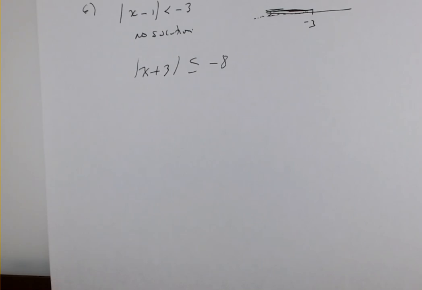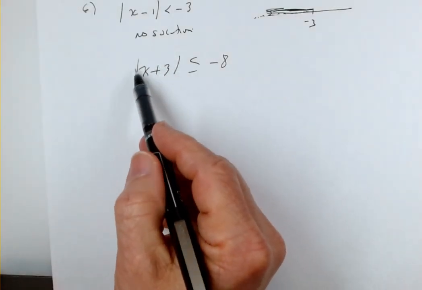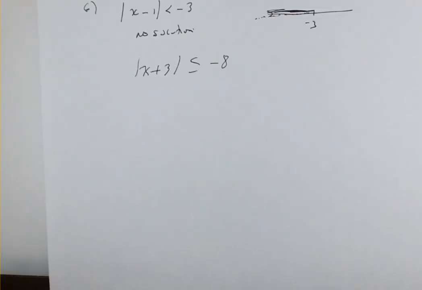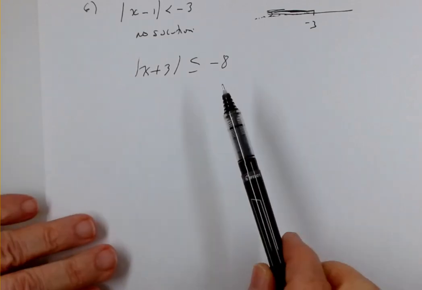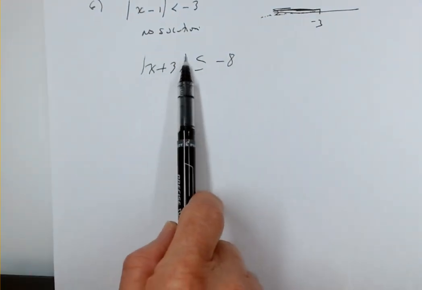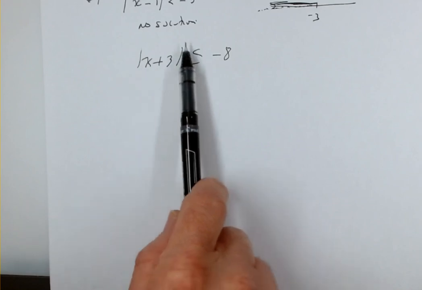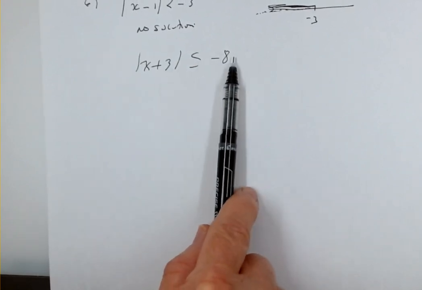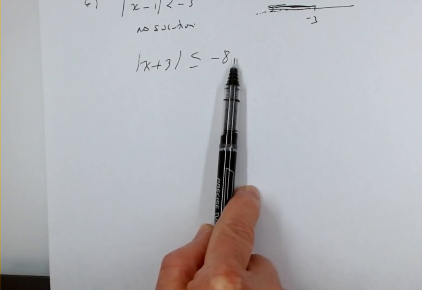It's a positive number or 0, is that less than or equal to -8? No. Ask yourself, are you going to get solutions? Is there a way in which the absolute value of x plus 3 is ever going to be negative? No. The absolute value of x plus 3 is going to be positive or 0. So that has no solution.